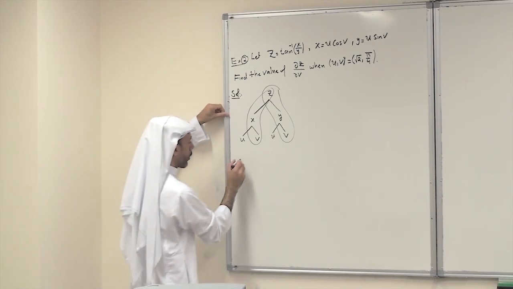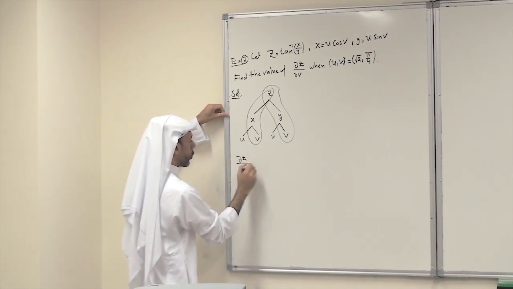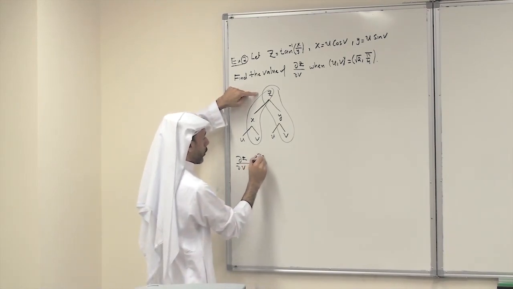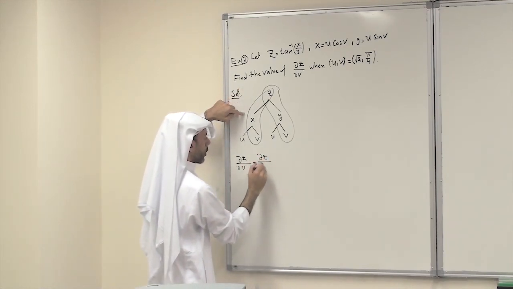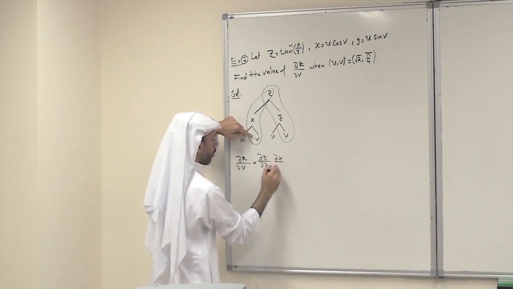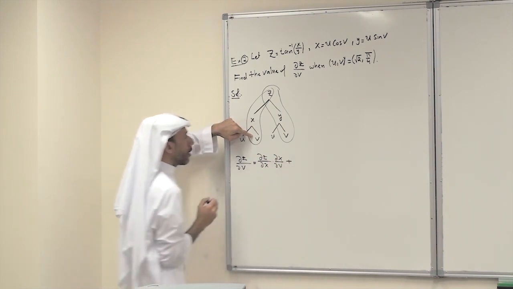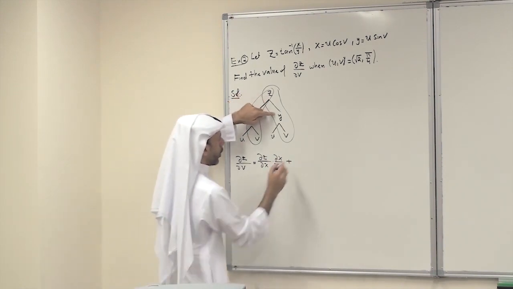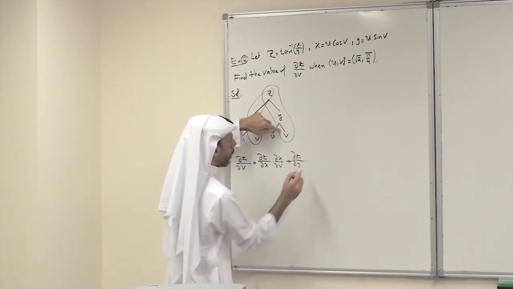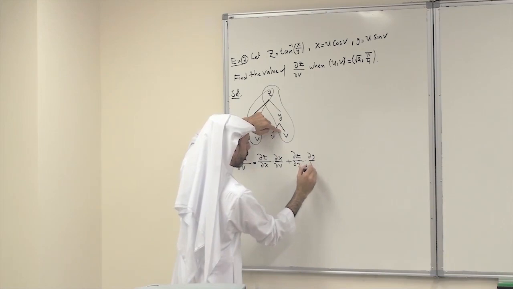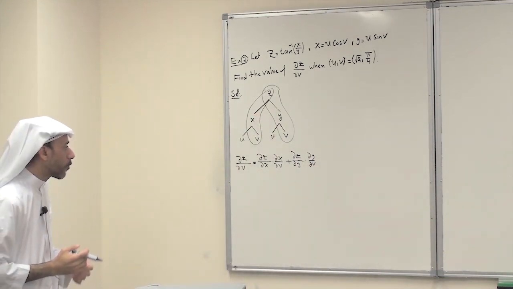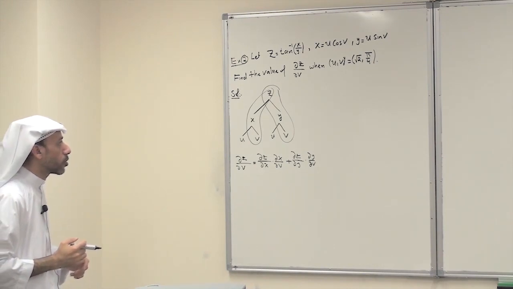So here, partial Z, partial V equals, along the first path, the partial derivative of Z with respect to X times partial X with respect to V, plus, through the second path, partial Z, partial Y times partial Y, partial V. So this is the formula of the chain rule for finding the partial derivative of Z with respect to V.